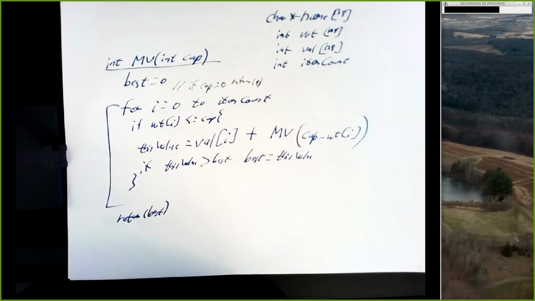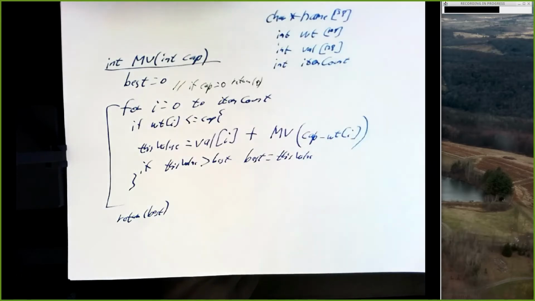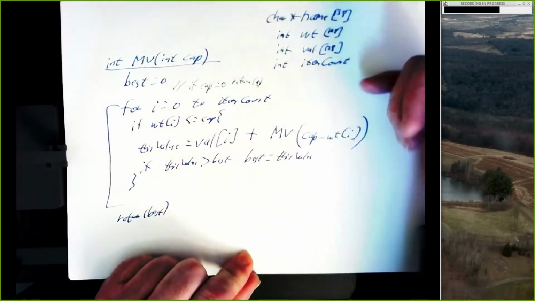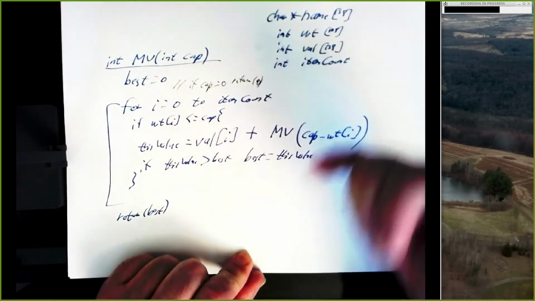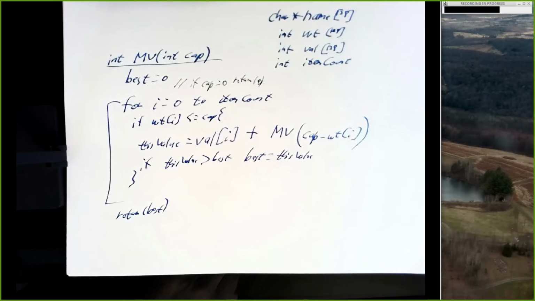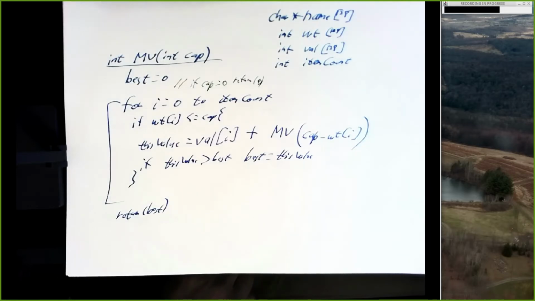If you want to be a hero to your friends, you could write a bash program that runs a test file with different capacities and takes the results and turns that into, like, a spreadsheet or something, and get yourself a sample file that says, for this capacity, here's the maximum value. Make a table of that, and then you can run your sample program with those capacities and just compare and see if you're getting the same max value.